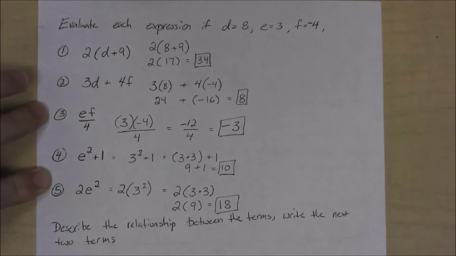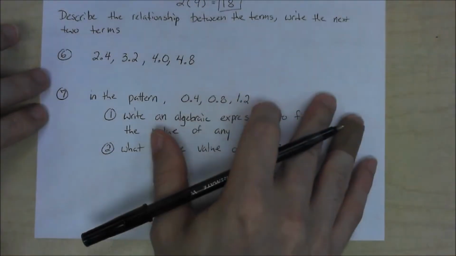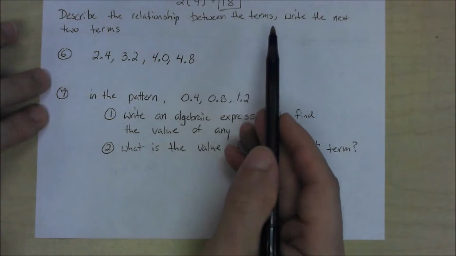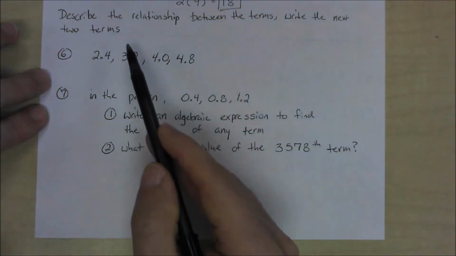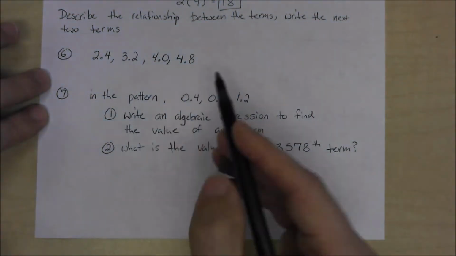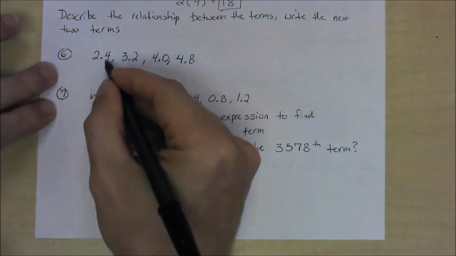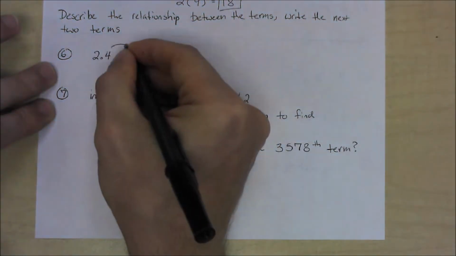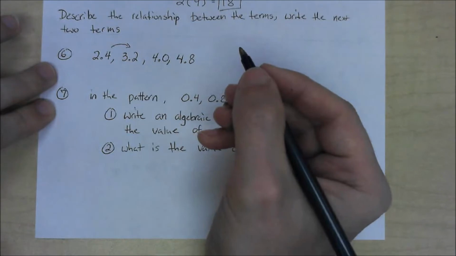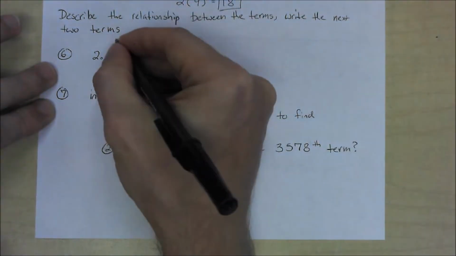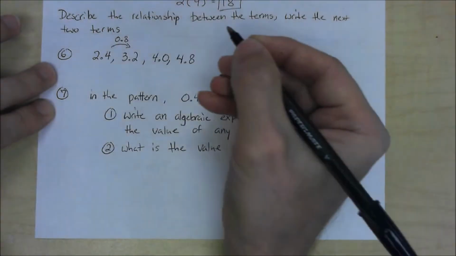All right. Next set. Describe the relationship between the terms and write the next 2 terms. That's what we're going to do for 6. Well, from 2.4 to 3.2, we have an increase of 0.8.